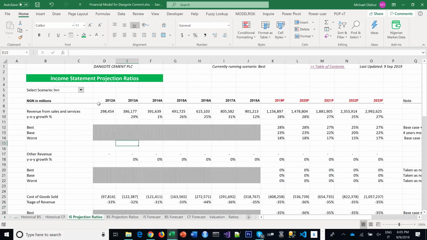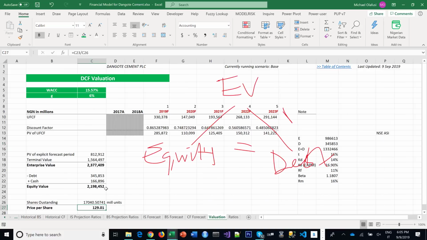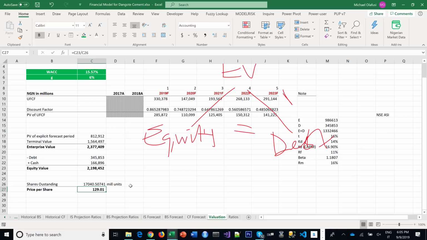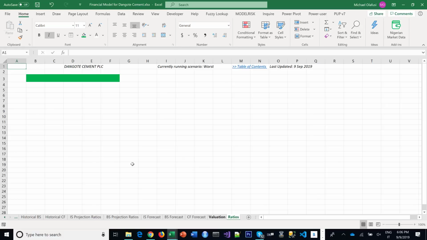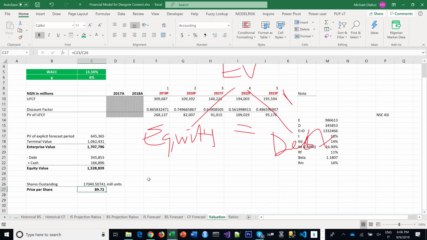With the base scenario, it equals 129, which is below this. And in the worst case scenario, that comes to 89 naira per share. So it's kind of close to even the valuation of the company on the stock market, right?